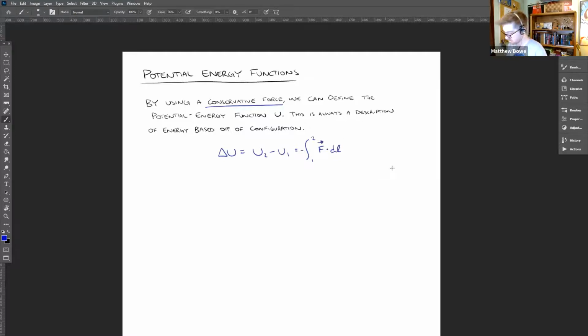So this is potential energy in general, which tells us that if there's a small slice of potential energy, this is basically just gearing us up to solve for gravitational potential energy.